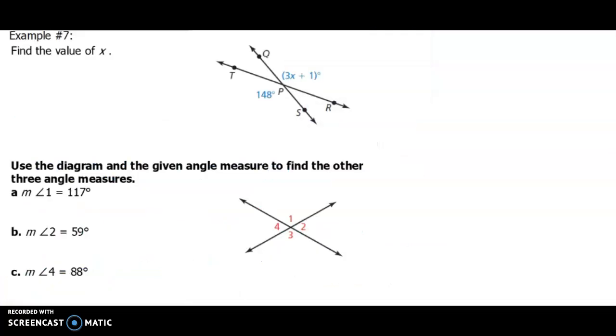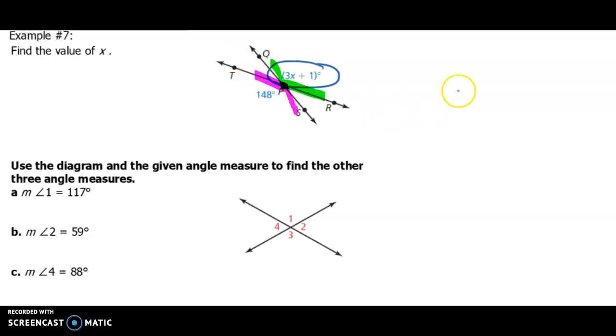All right, let's take a break a minute from proofs. I know you guys' brains probably feel like they're about to explode. Just know that's normal. And let's do a couple just basic math problems. So example 7 says find the value of x. Well, we have an x here. Okay. Well, we know this angle here is 3x plus 1, and we know this angle here is 148.